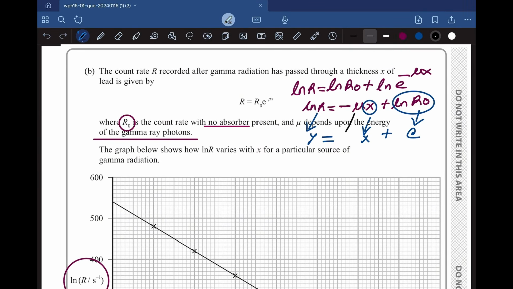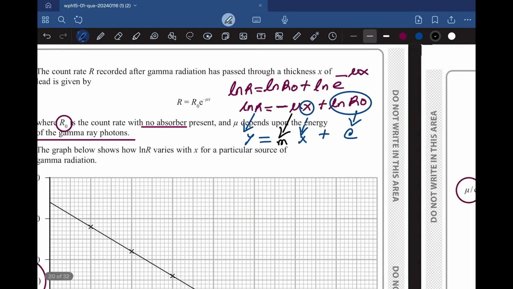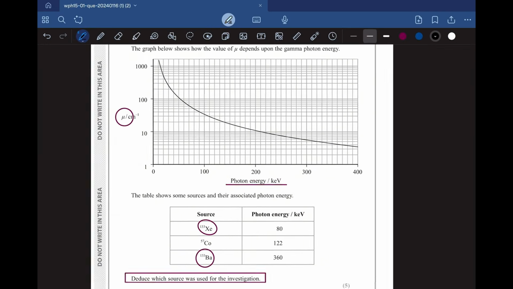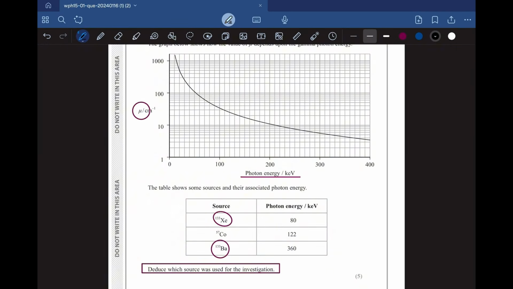The question we were seeing right here was: deduce which source was used for this investigation.